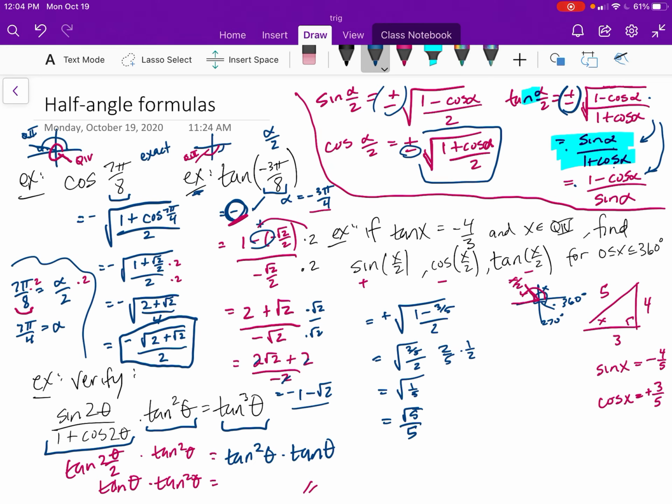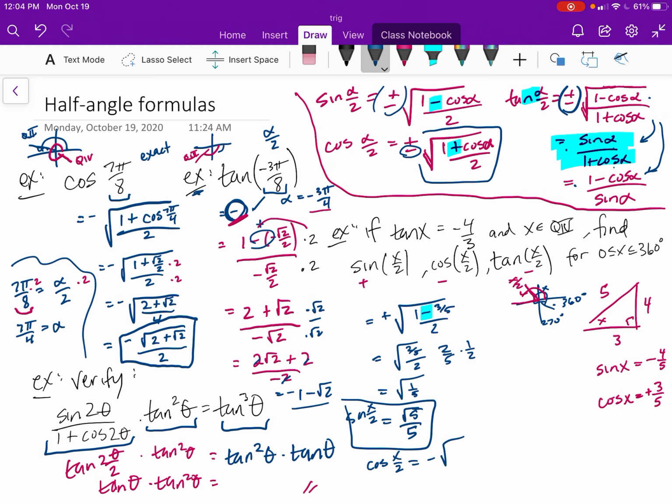Okay, cosine is very similar. Notice the only difference, for sine we have a minus, for cosine we have a plus. So that's sine, sorry, let's be clear on what our answer is. So cosine now, I know it's negative, and I'm doing 1 plus 3 over 5. So that's 8 over 5 over 2.